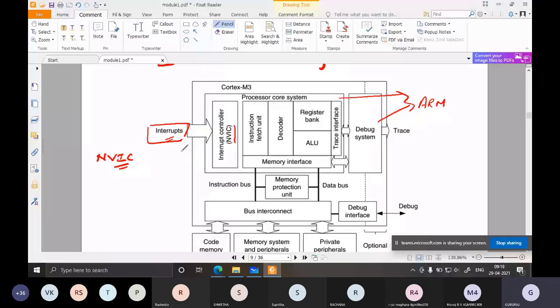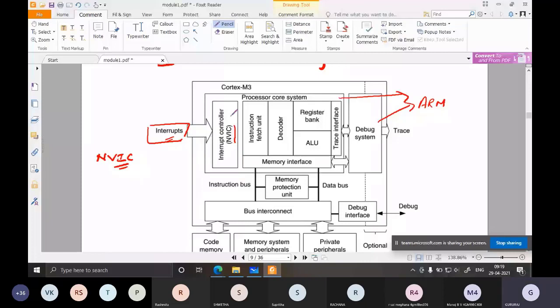To handle such inputs from the external world to the embedded system or to the PC or a laptop, there is a separate hardware in the Cortex M3 processor, which is known as NVIC, Nested Vectored Interrupt Controller. Hence the processing of interrupts will be faster. Why?